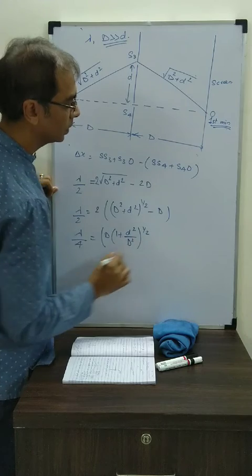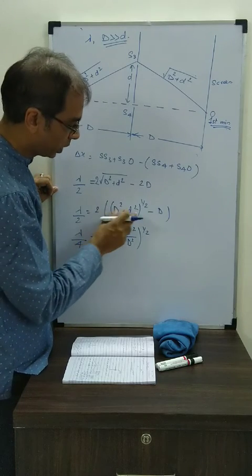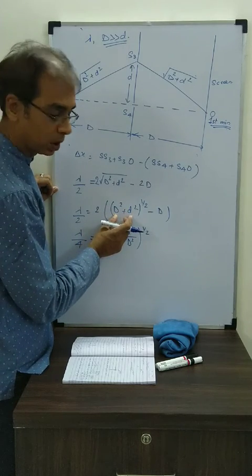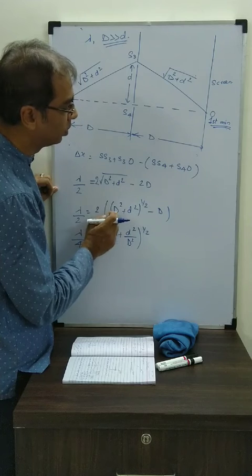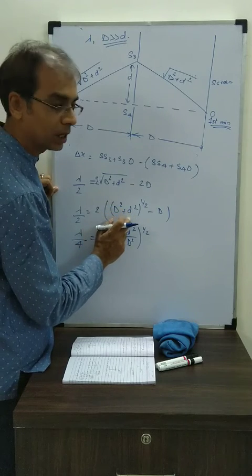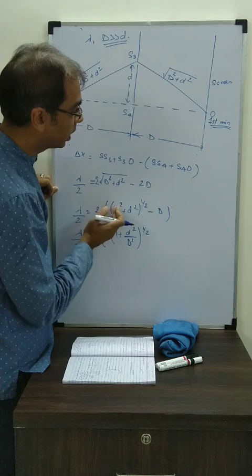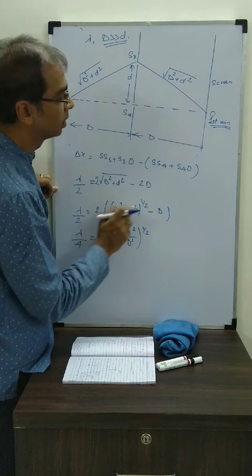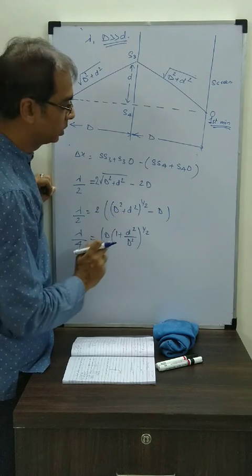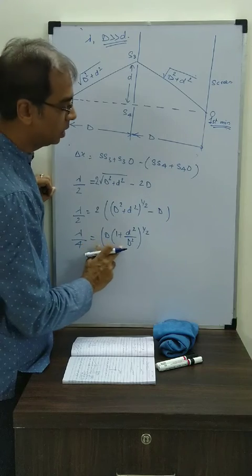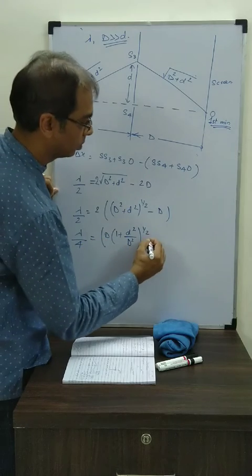Are you able to understand? I took D square common from here. So D square when it comes out, it becomes 1 plus small d square by capital D square. Then D square I took out of this bracket, its bracket power is half. So it came out as what? D. Here is d square, minus D.